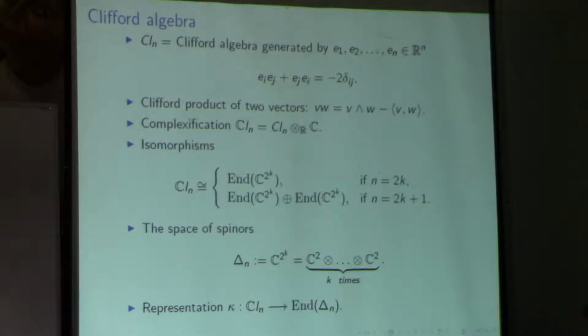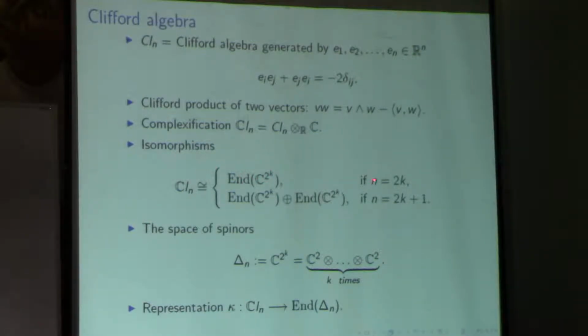And there are nice isomorphisms, which I will tell you explicitly how you can get a representative of such isomorphism in a minute, in which this algebra with this multiplicative structure is isomorphic to the endomorphisms of a big space.